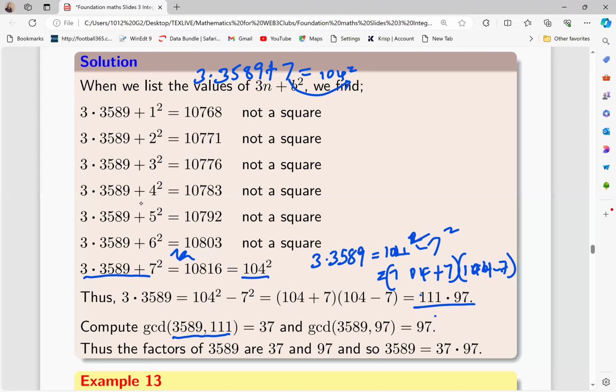This GCD gives us that 7. And the next, we have the number 97, and n is that, the GCD is 97. So these two now become the factors of the number n.